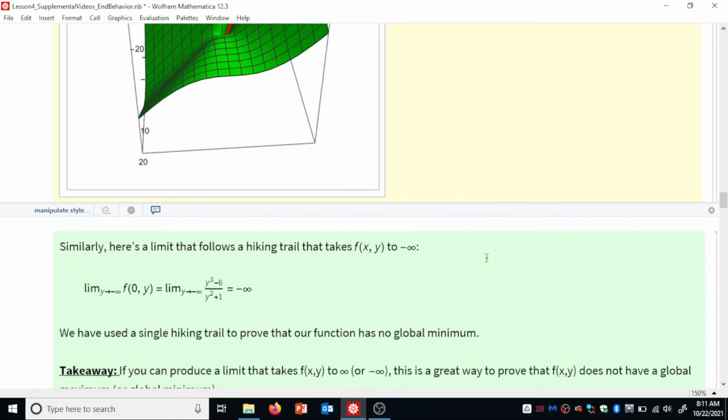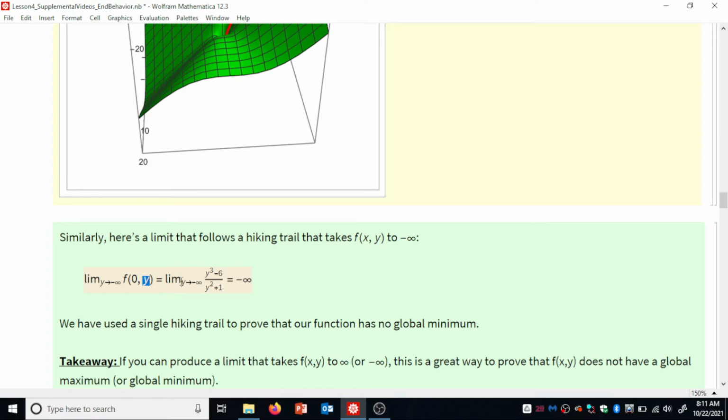We could repeat this logic for minima. So in this case, it probably makes sense to just do the same thing again. Plug in x equals 0 and allow y to vary. And again, that reduces to just a curve, a red curve on our surface, a hiking trail on our surface, that if I walk that hiking trail as y tends to negative infinity, this ratio of polynomials goes to negative infinity.